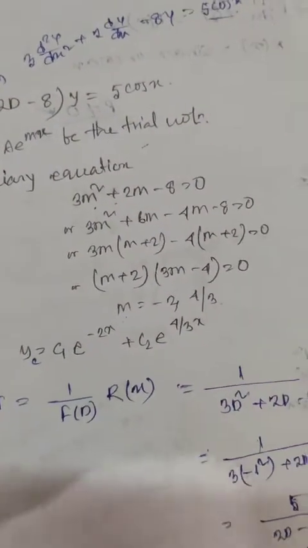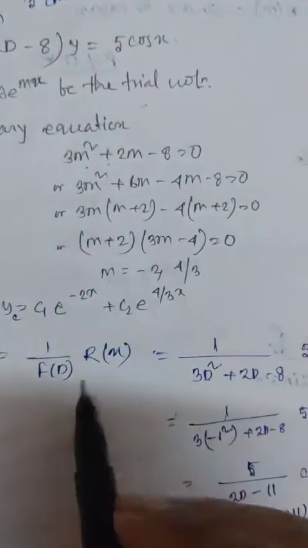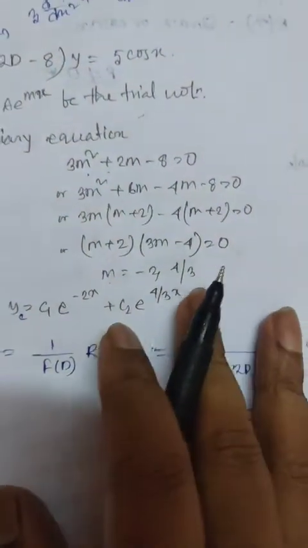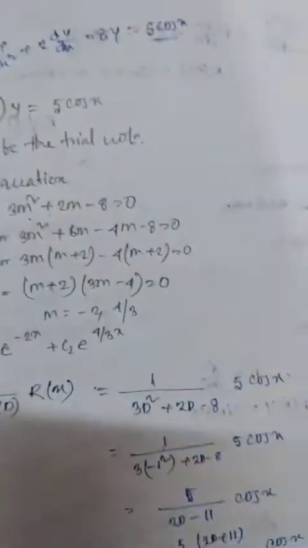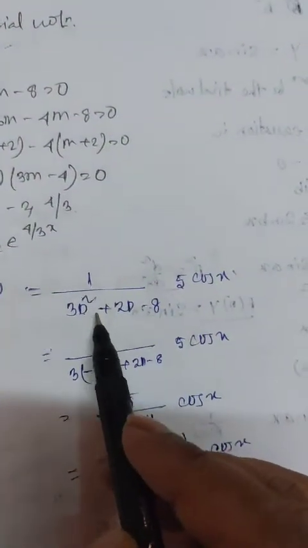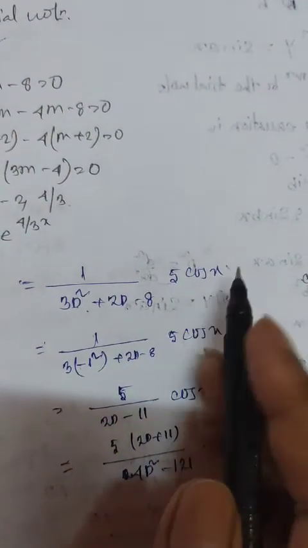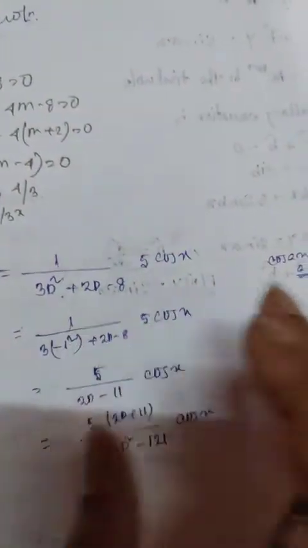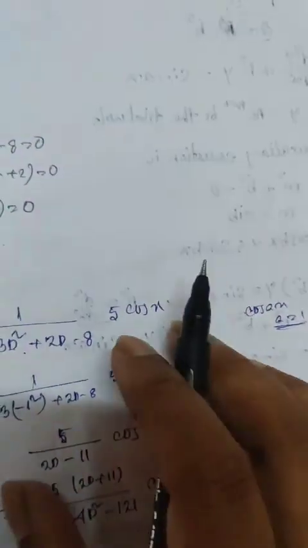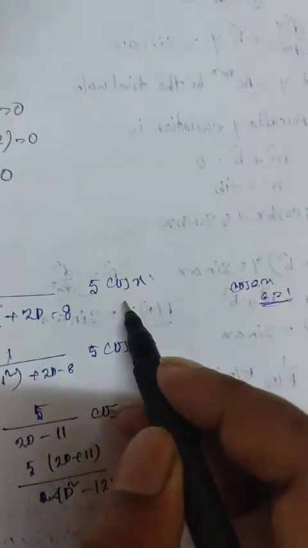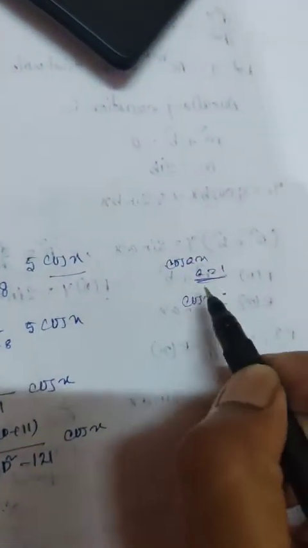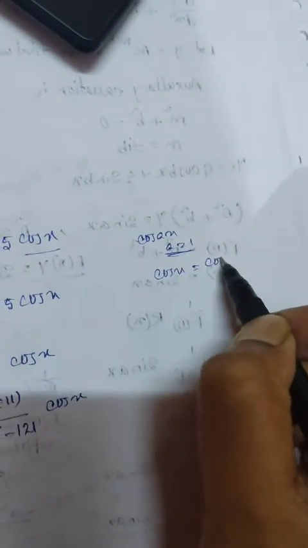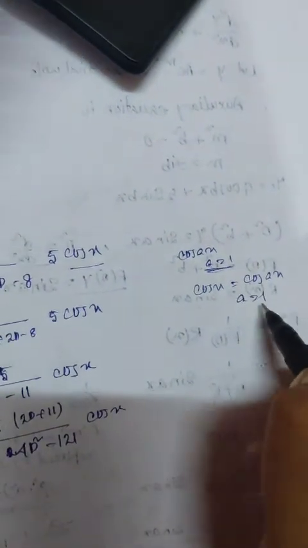Now we have to find the particular integral. How can we find it? It is 1 by f of d r of x, and we know that f of d is equal to 3d square plus 2d minus 8. So we get 1 by 3d square plus 2d minus 8 times 5 cos x. Here cos x is equivalent to cos ax, so a is equal to 1.